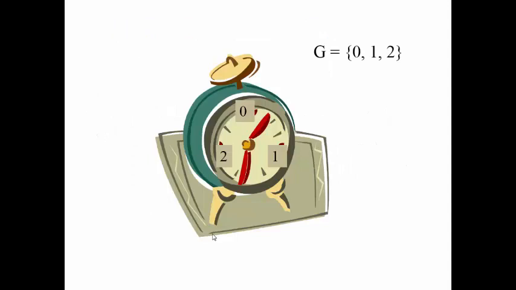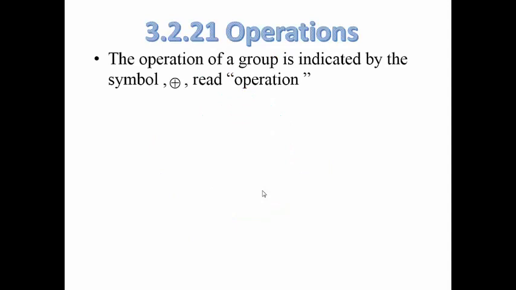We can have a set of 3 numbers, 0, 1, and 2, and we can model this set in terms of an alarm clock. Our clocks are usually from 1 to 12, or if you have a military clock, from 1 to 24, but let's consider our clock to be 0, 1, 2, 0, 1, 2, going round and round.